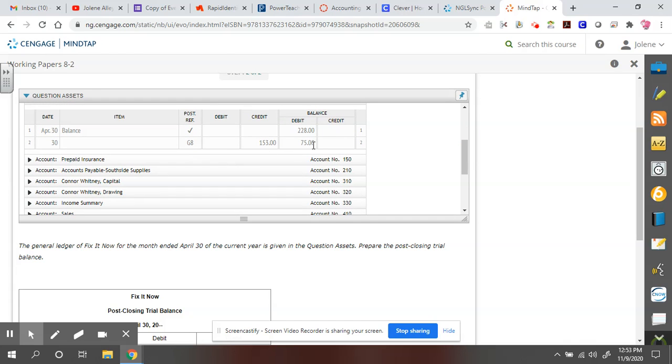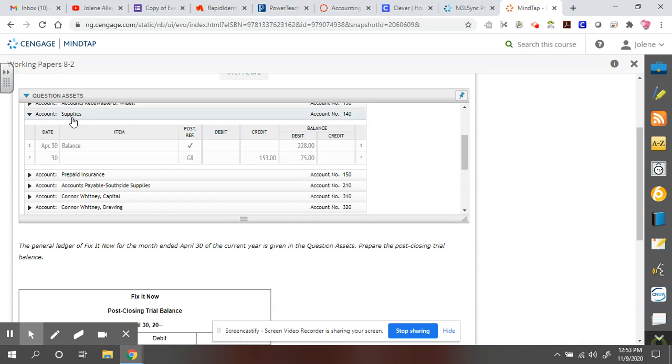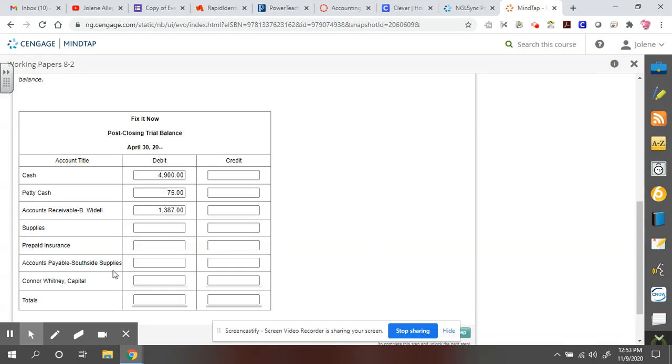And at this point, it has $75 in debit to supplies. All right, I'll show you. Here's supplies and the debit balance of $75 worth of supplies. Here, 75.